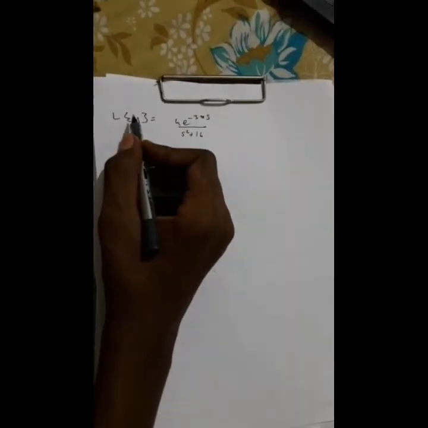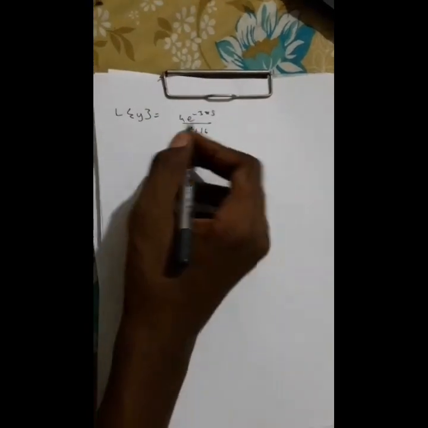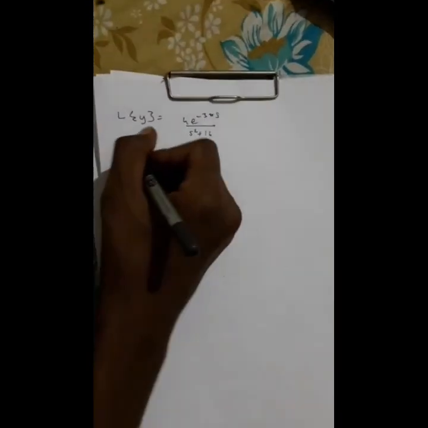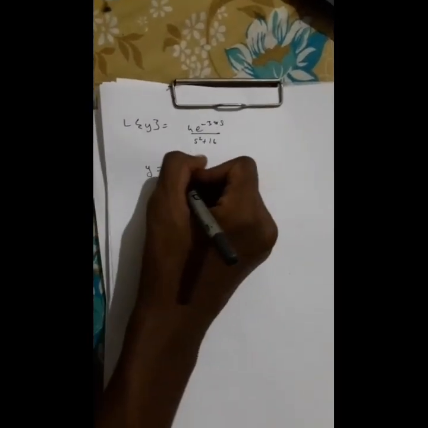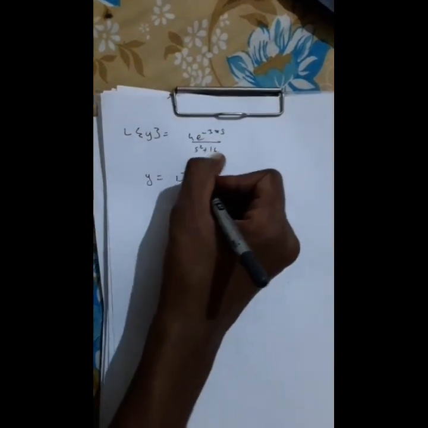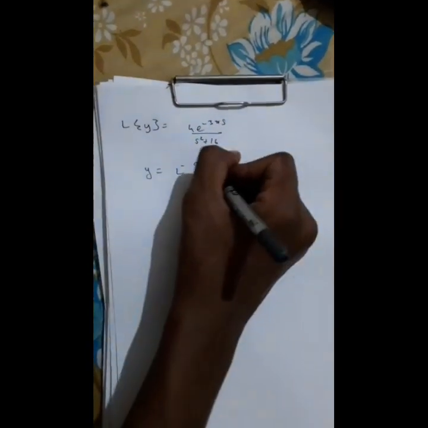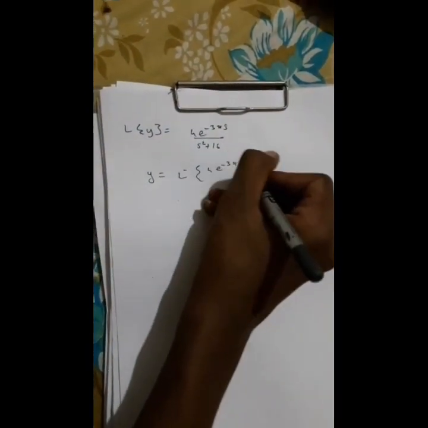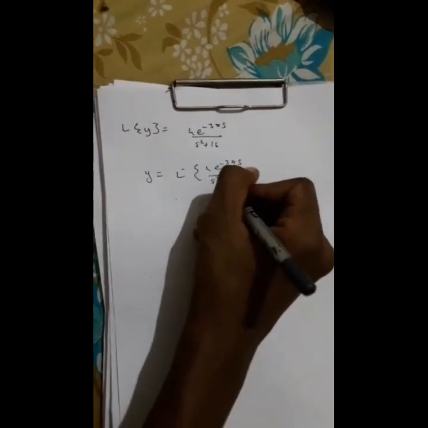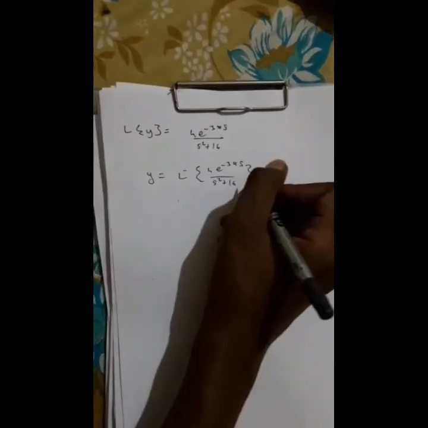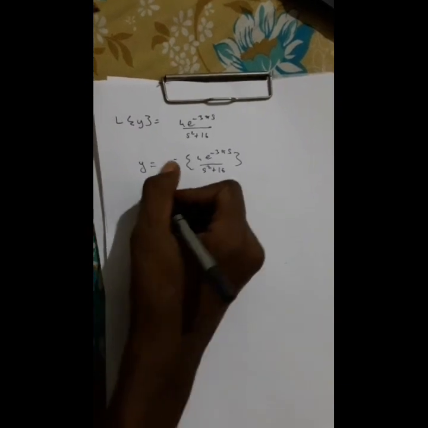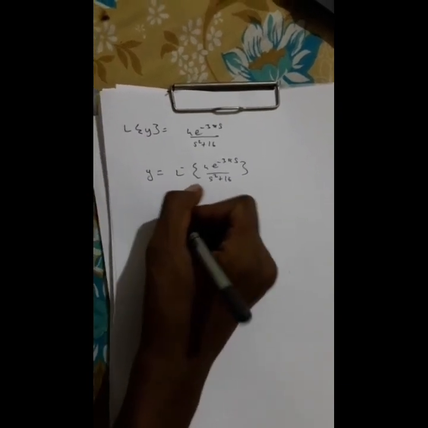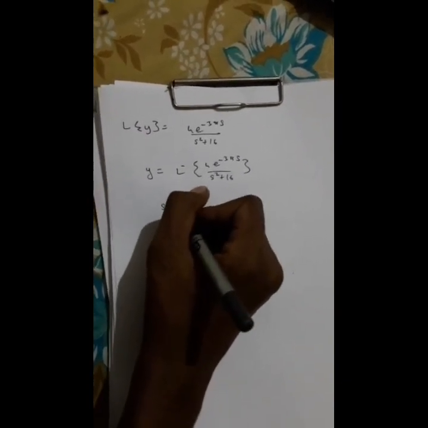Now to find the value of y, we are going to take the inverse Laplace on both sides. So y is equal to the Laplace inverse of 4 into e power minus 3 pi s divided by s square plus 16. Okay, so we are going to use the second shifting theorem.